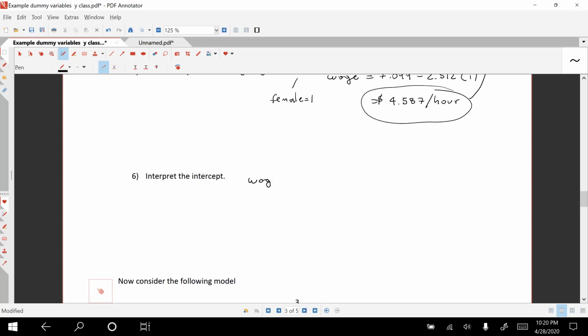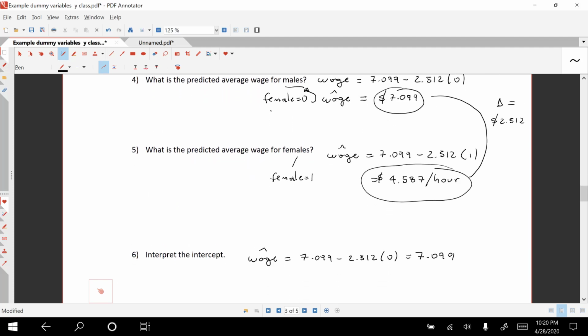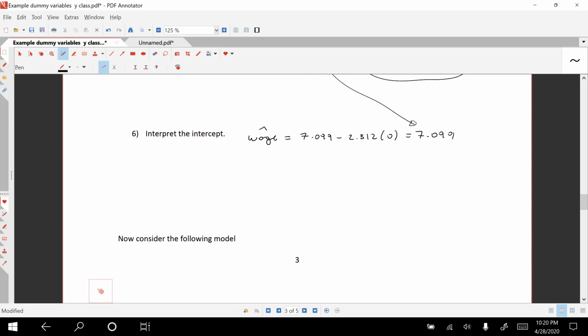What we would have to write, and we already wrote that one, is 7.099 minus 2.512 times 0. So that's 7.099, which, you see, is the same as the predicted average value for males.